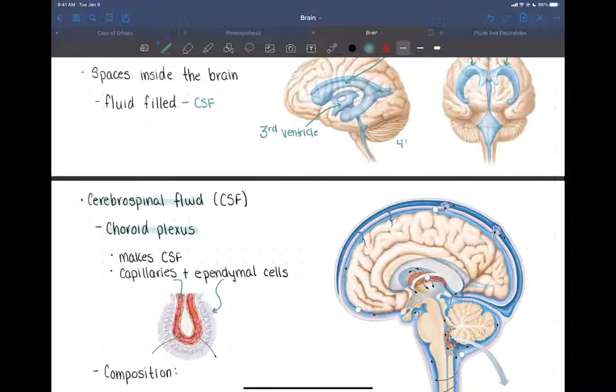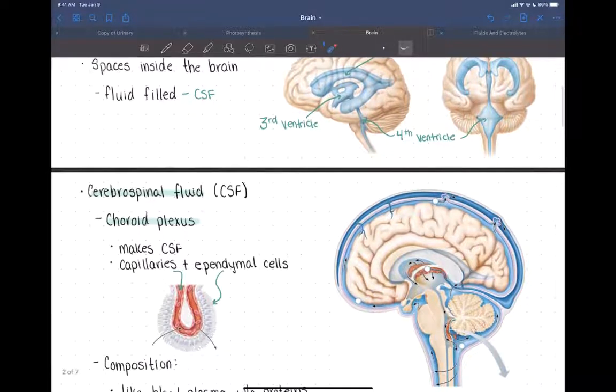So this is the fourth ventricle here, and then this is it from the side. The fourth ventricle also contains choroid plexus, so you can make CSF there as well.